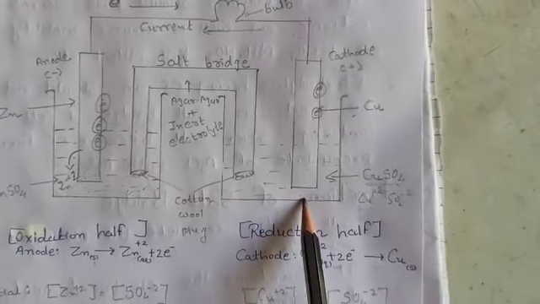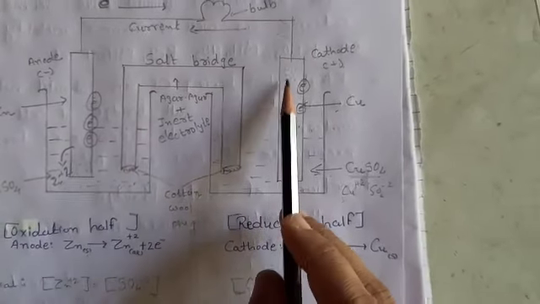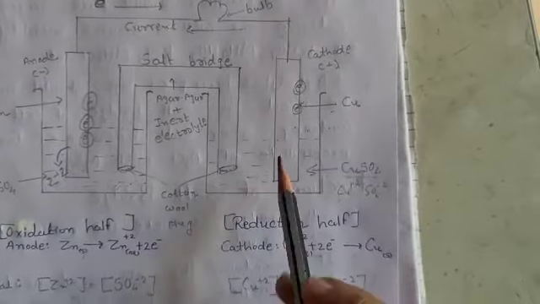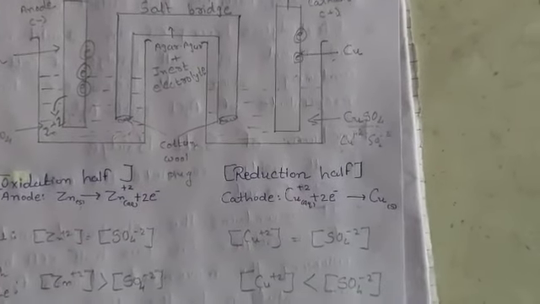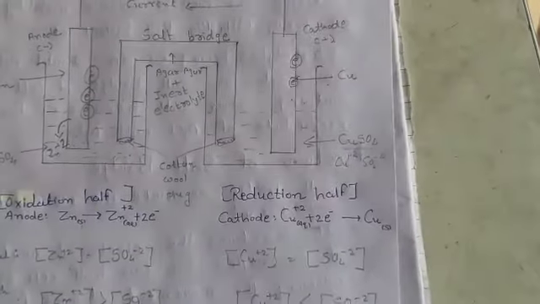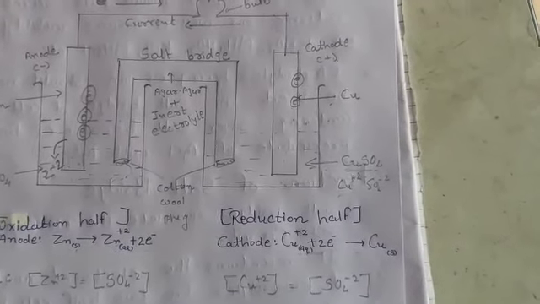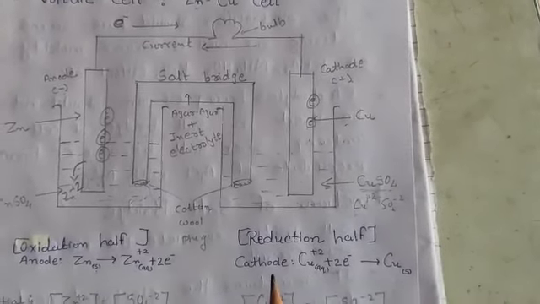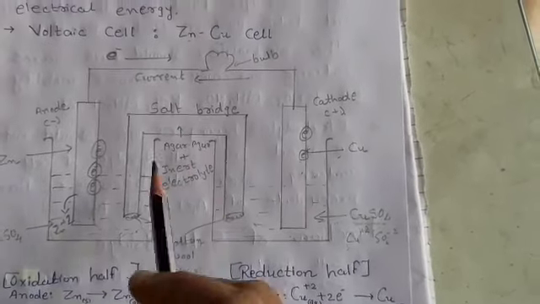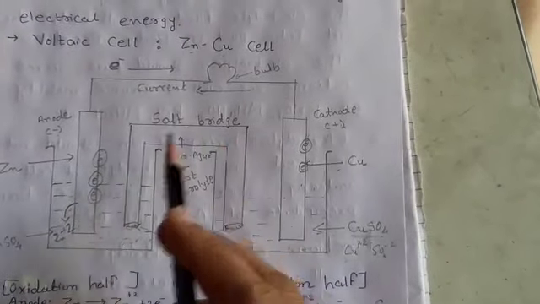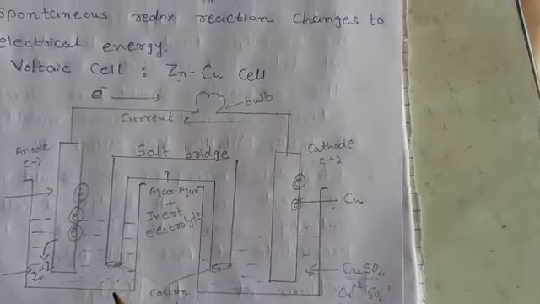And if here the SO4-2 concentration increases, it does not allow the electron to come, right. So maybe the cell does not work after some time, and for that we use a salt bridge, right.